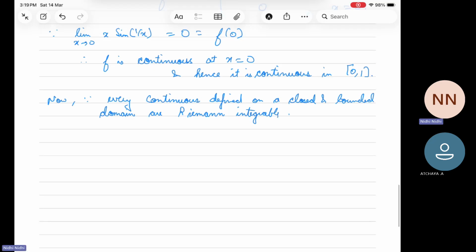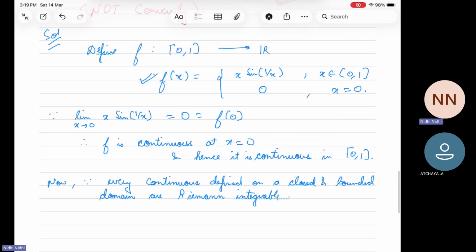So therefore, this function is Riemann integrable, but we will see that this is not a function of bounded variation.